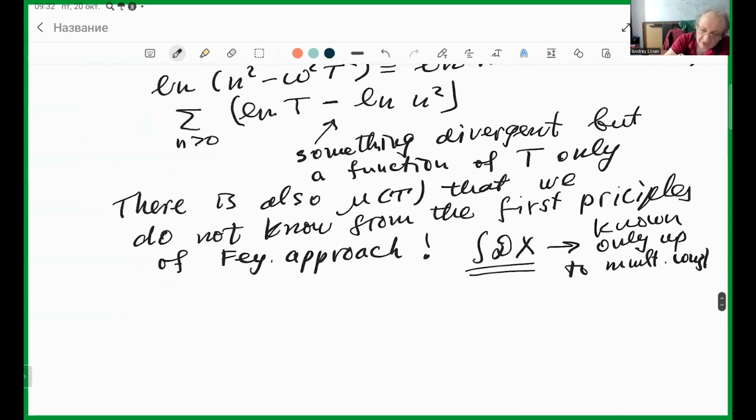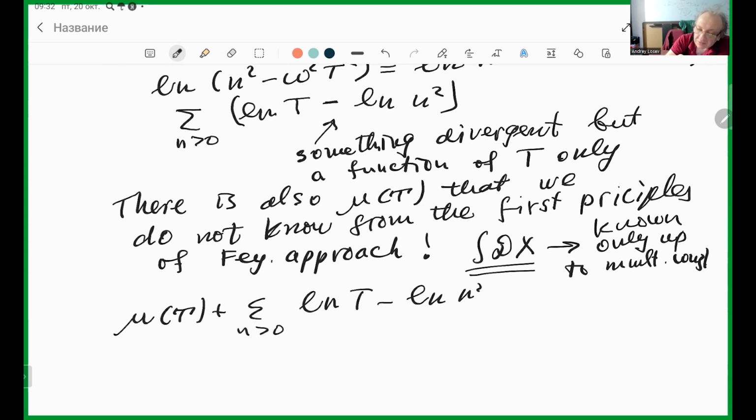So we just say that mu of t plus this infinite something is just some function mu tilde of t.